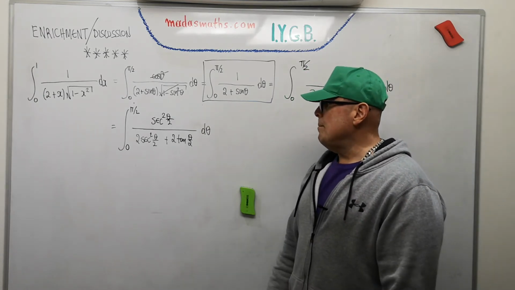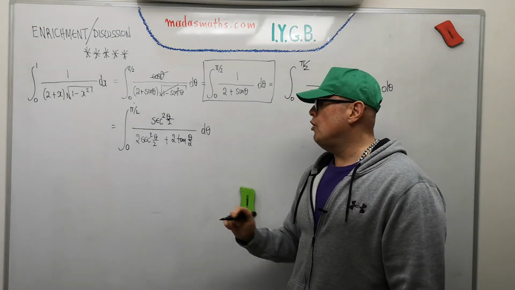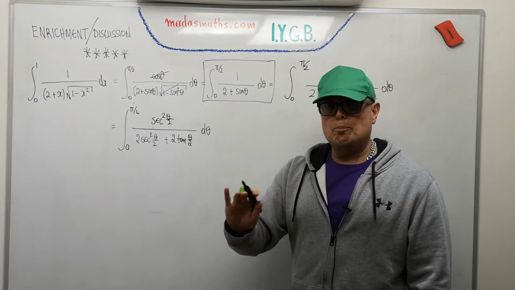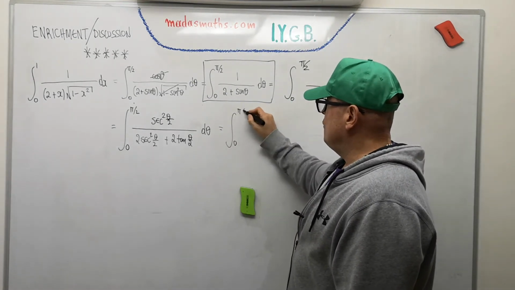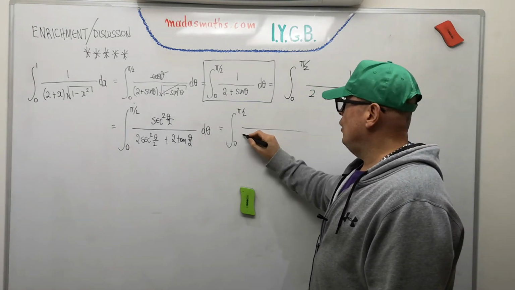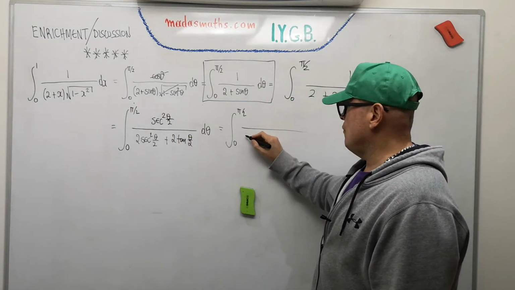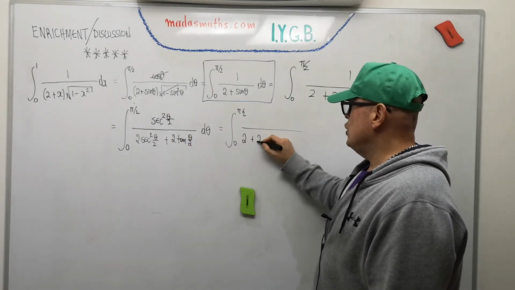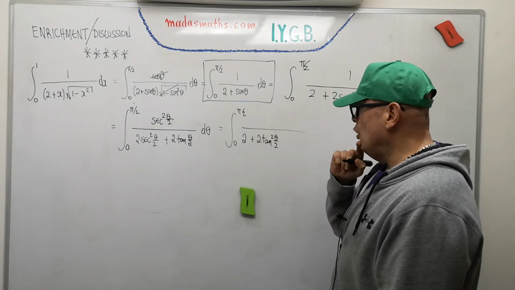Remember what I was trying to do? I'm trying to create here a function of tan of theta over 2. I've got sec squared, no problem. Okay, we can go into tans. The limits are 0 and pi over 2. So the sec squared will become, of course, since 1 plus tan squared is equal to sec squared, 2 plus 2 tan squared of theta over 2. I hope we are following.